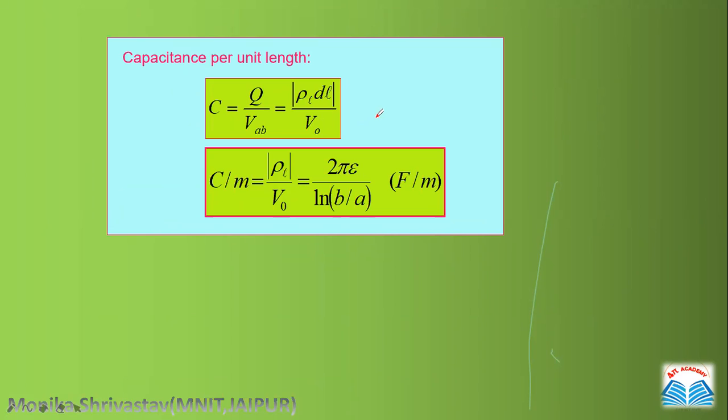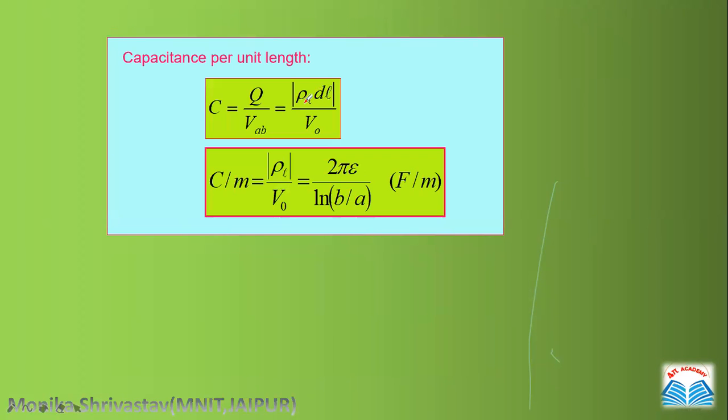So we have to calculate the capacitance per unit length. Per unit length means capacitance per meter. That is why this is dL here. We are talking about the length.